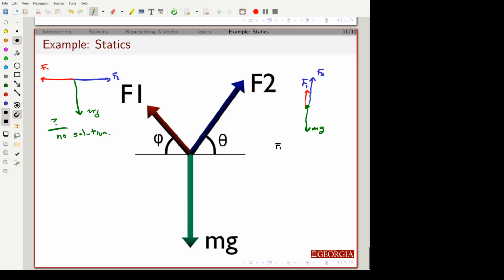But in terms of the up and down direction, f1 and f2 have to equal mg. You give me anything for f1, I can just figure out a new f2 that'll make this work. So any time that f1 plus f2 equals mg, this thing will balance, and there are going to be infinitely many solutions. There's not a single way to make f1 plus f2 equal mg if there are no other equations.